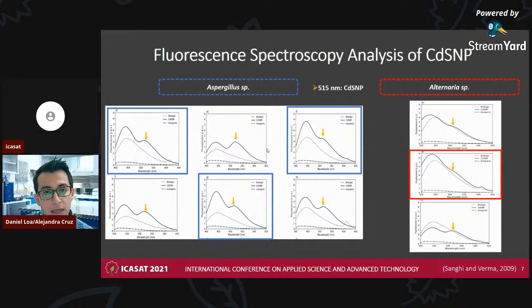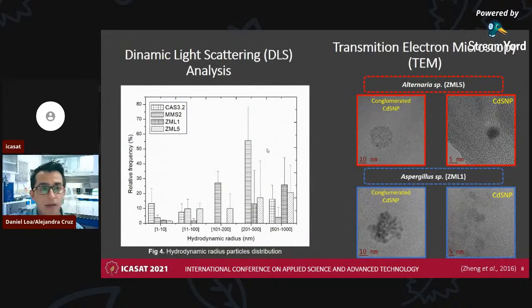And yellow indicates the peak at 515 nanometers. Finally, dynamic light scattering (DLS) and transmission electron microscopy (TEM) were used for size and morphology characterization of the nanoparticles.